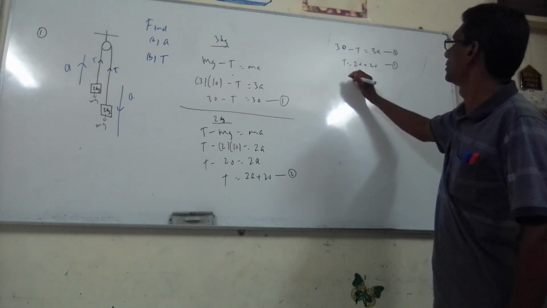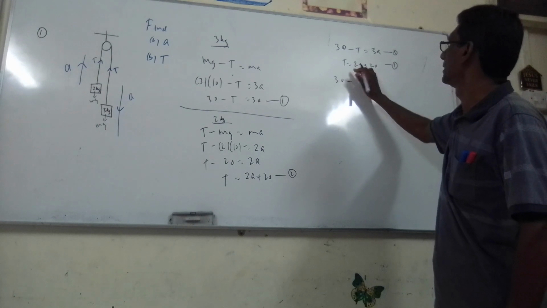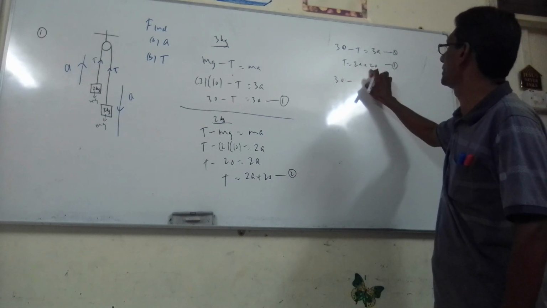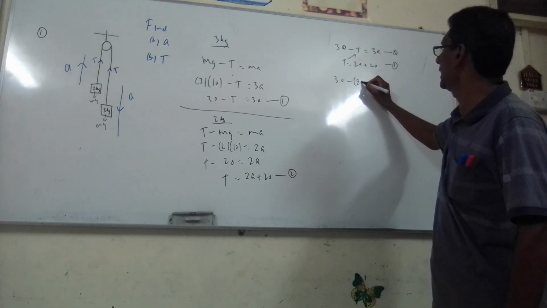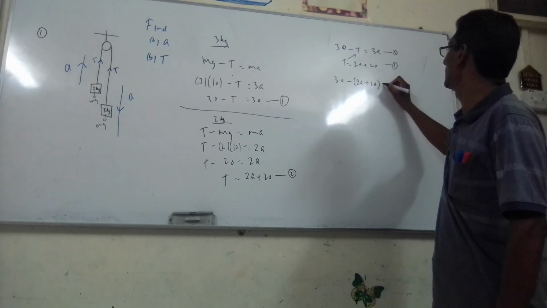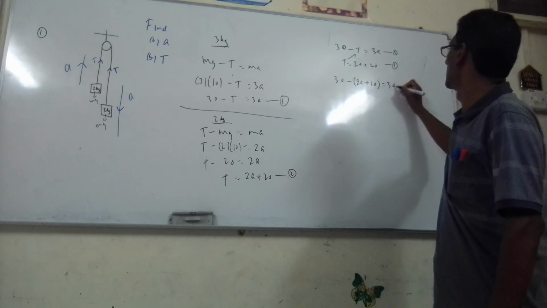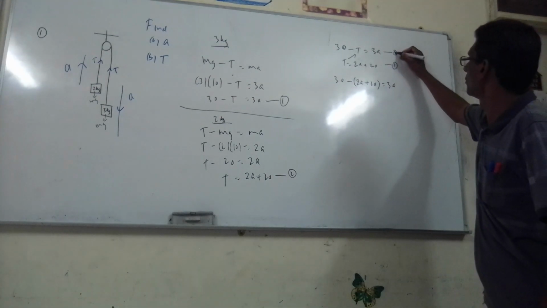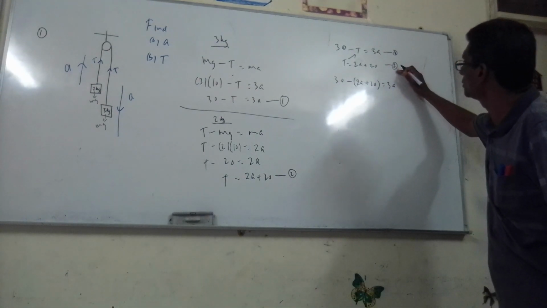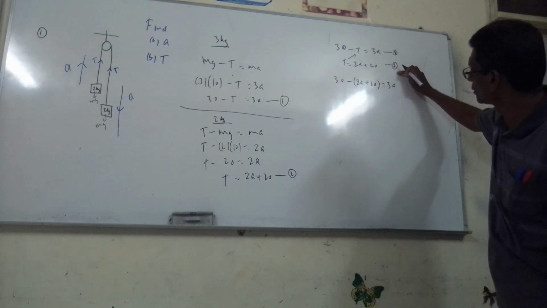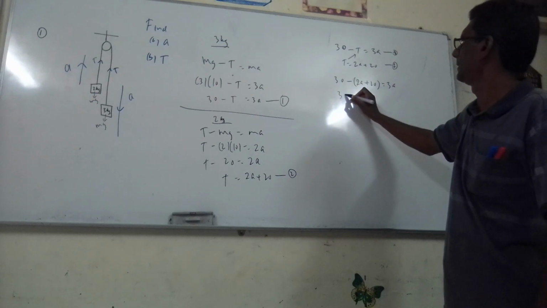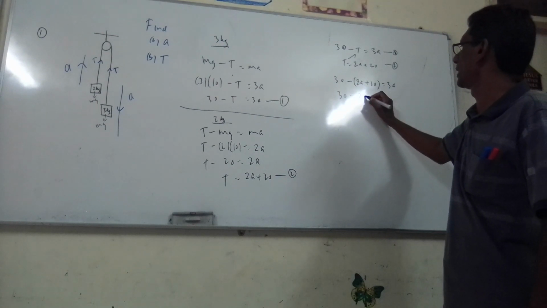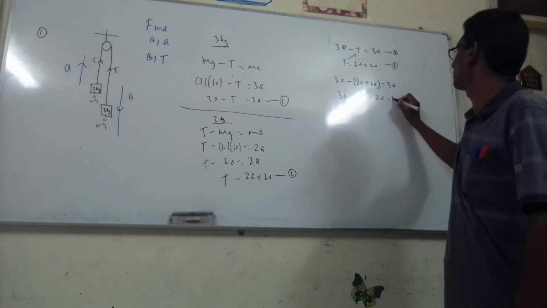In the place of T, put 2a plus 20. So 30 minus 2a minus 20 equals 3a.